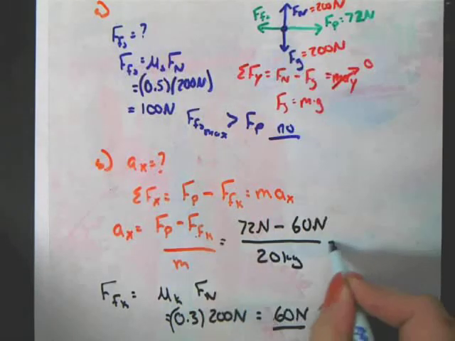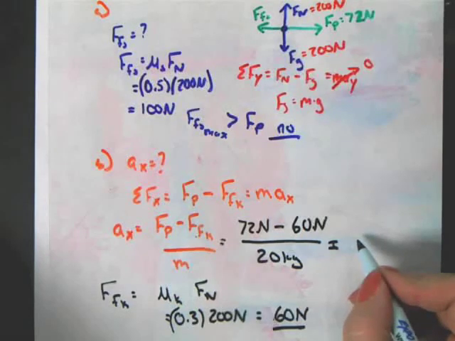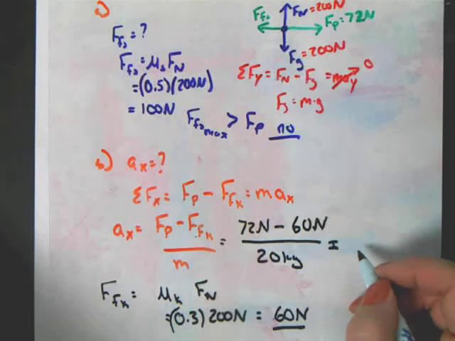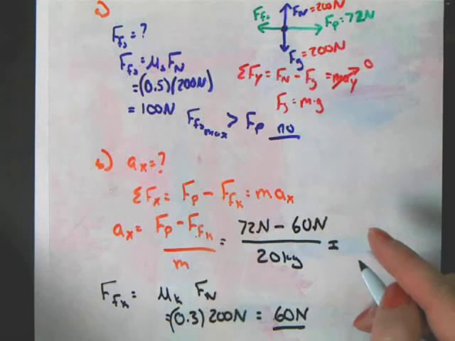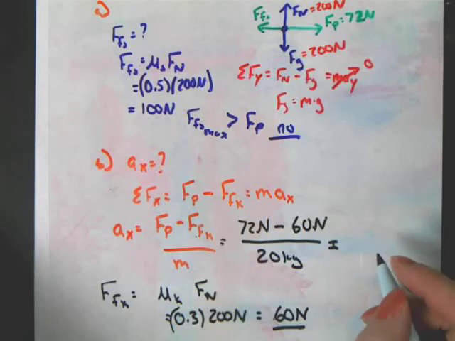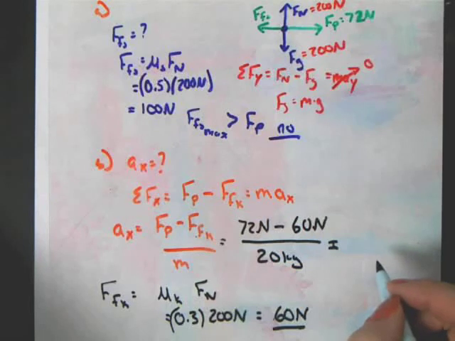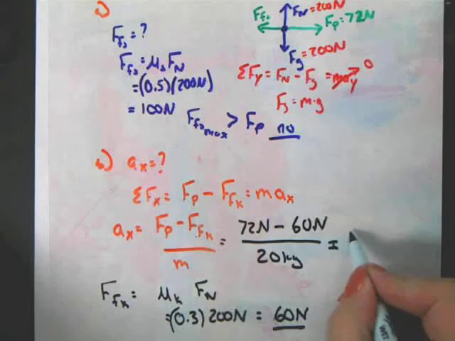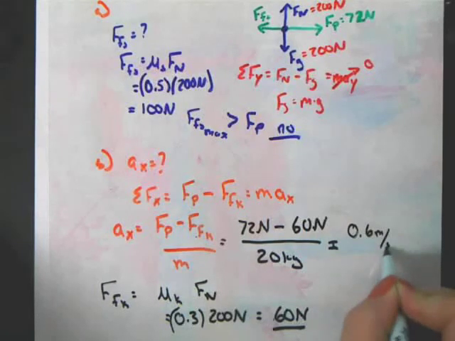What's the net force? 72 minus 60. 12 newtons is the net force. 12 divided by 20 kilograms. Calculator. What do we get? 0.75? 0.6.